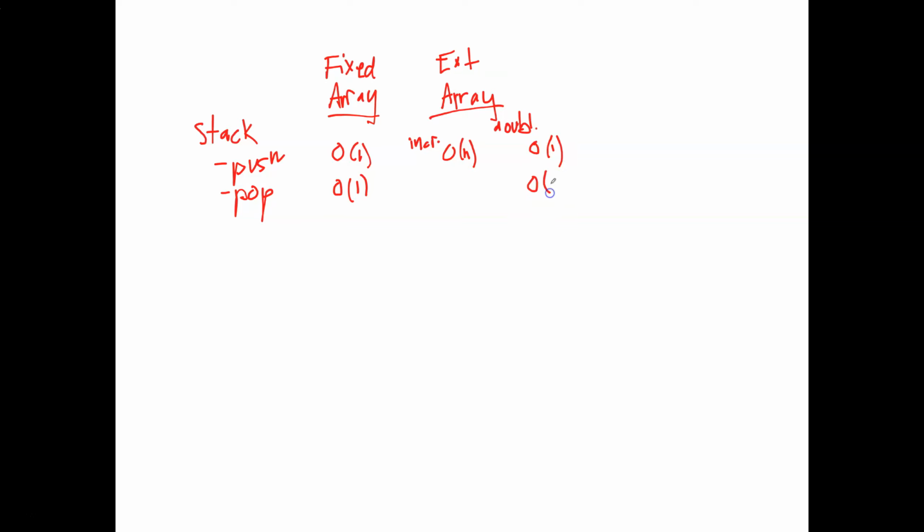We didn't get into that, but we can decrease the size of the array appropriately too. So a stack we can implement in a fixed size array, with push and pop, all operations in constant time. We can use an extendable array, and our push and pop operations, as long as we're using the doubling strategy, have amortized constant time. All other operations, size and isEmpty, are constant time.